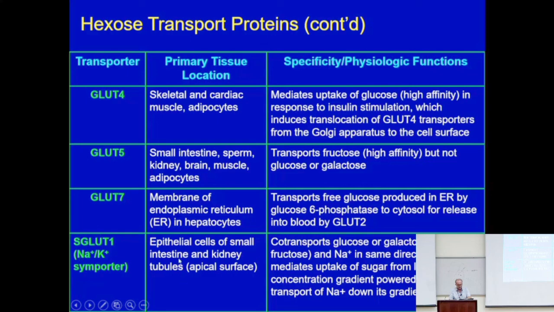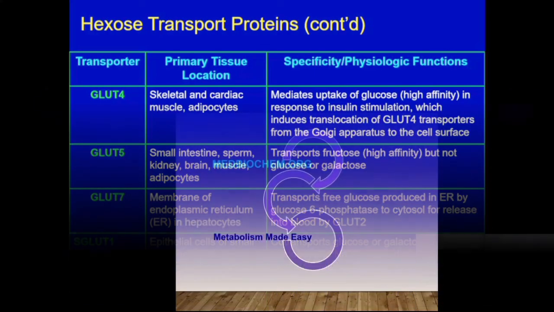So the importance of this, it transports both glucose and sodium in the same direction. So just remember the key features, where they are, especially GLUT7, GLUT4, GLUT2. All of them are important, but really those three are especially important. Okay.